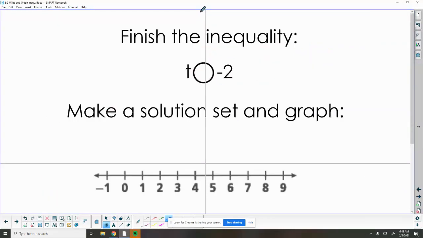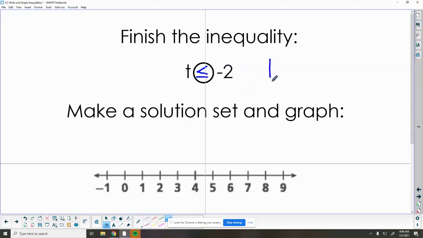Now we're going to finish this inequality. T is our temperature, and it said at most it could be -2. So the highest it can be is -2. We want all of our temperatures to be less than or equal to -2.